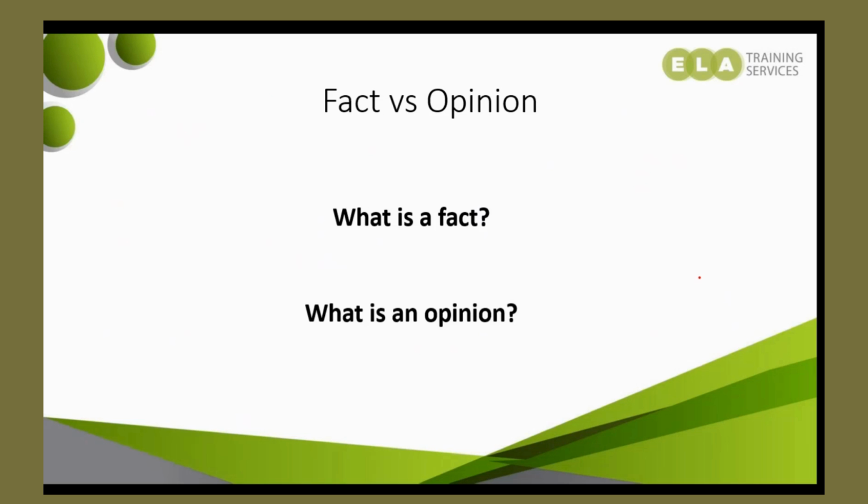Okay, fantastic. So if you've had a little bit of thought about that, a fact is something that is proven. It is based on evidence. For example, it is raining outside. Today is Monday. Things like that. It's something that we can prove, where an opinion is someone's point of view.